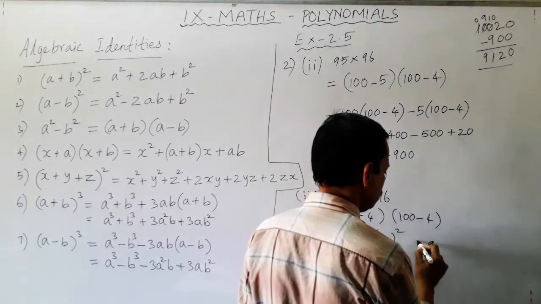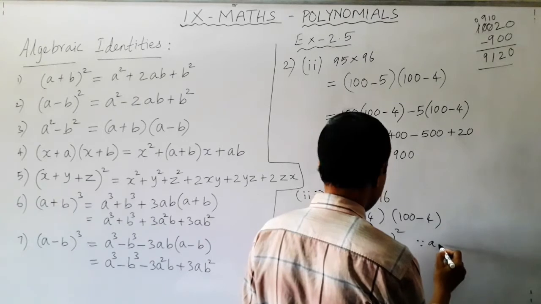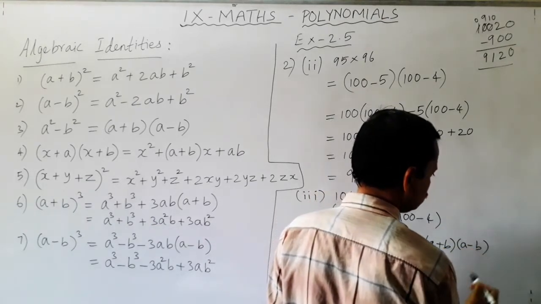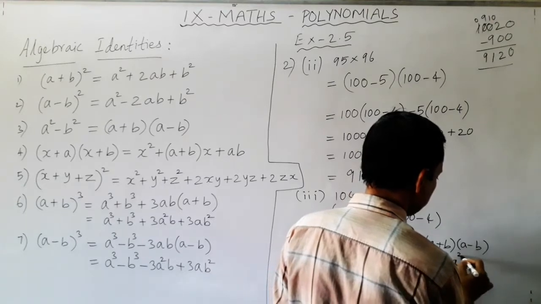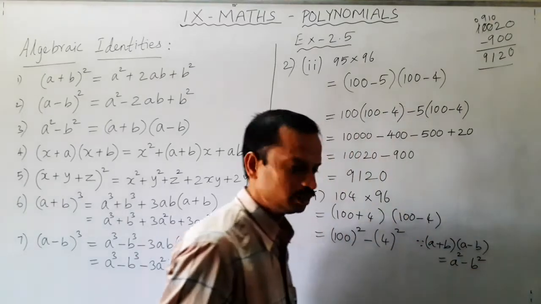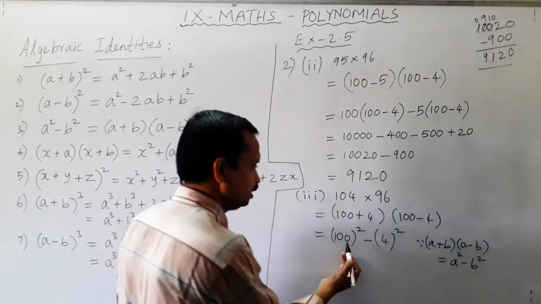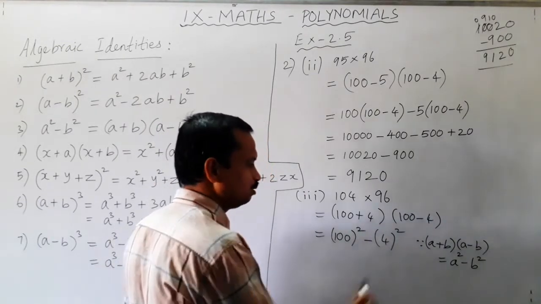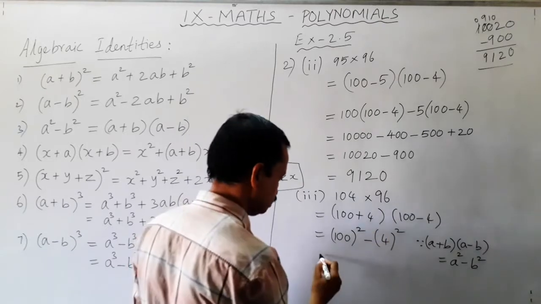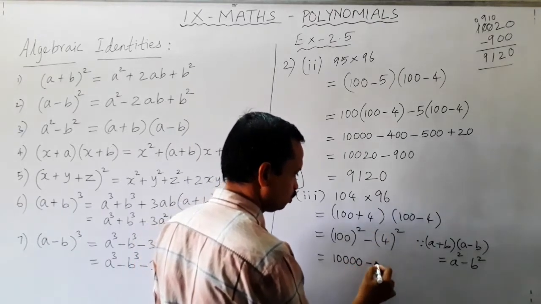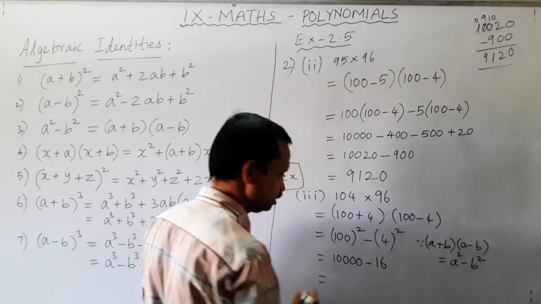Since a plus b into a minus b is equal to a square minus b square, this identity is applicable here. So a is 100, b is 4, so 100 square minus 4 square. So now 100 square is nothing but 10,000, minus 4 square is nothing but 16.